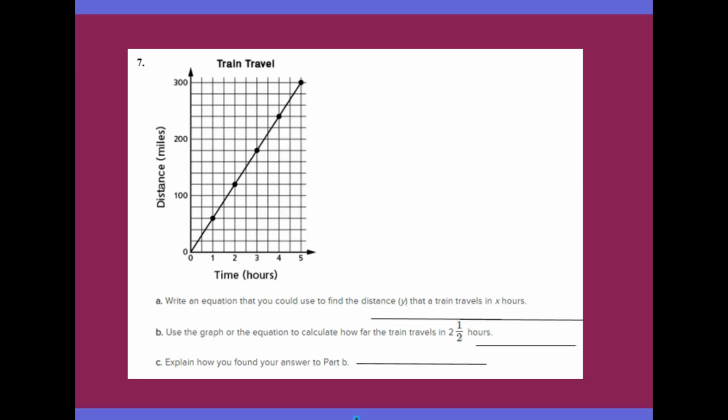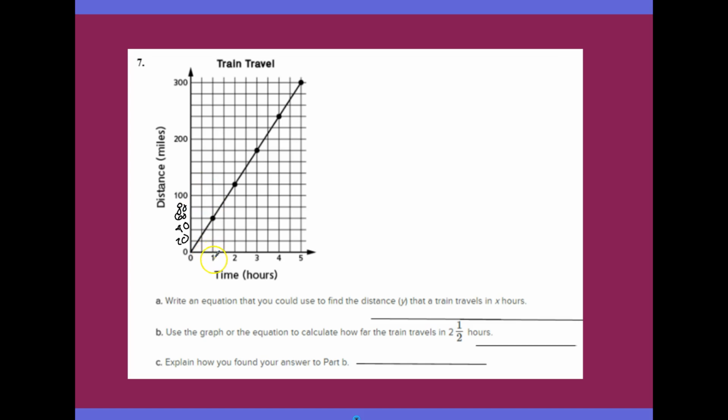Okay, so write an equation that you could use to find the distance y that a train travels in x hours. So if I look at the graph that they give us, it looks like in 1 hour, our train is traveling, I know that this is going up by 20s. So 20, 40, 60, 80, 100, okay? So I kind of looked at the graph ahead of time and I realized it had to be increasing by 20.